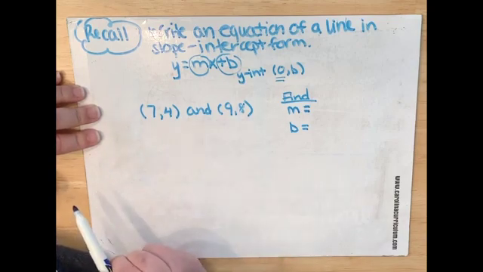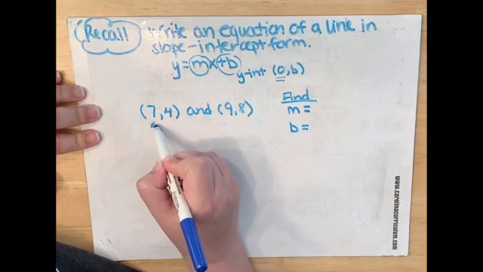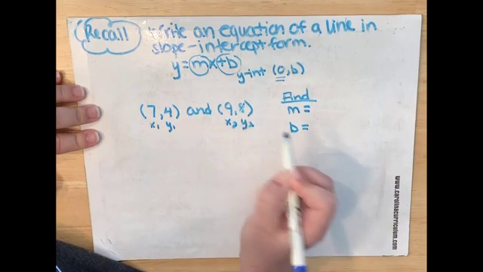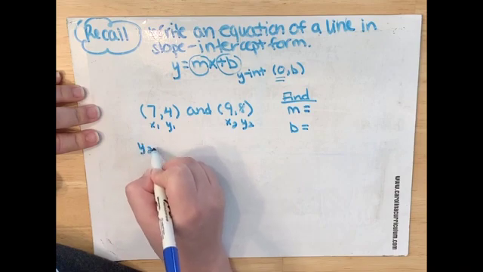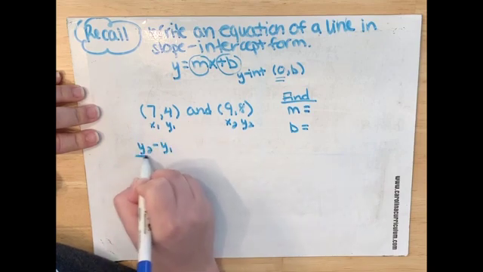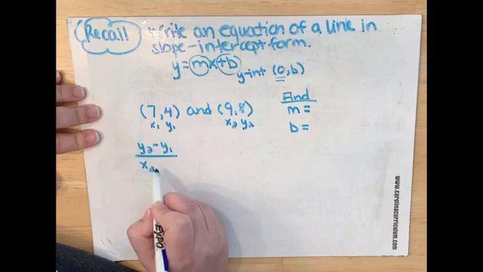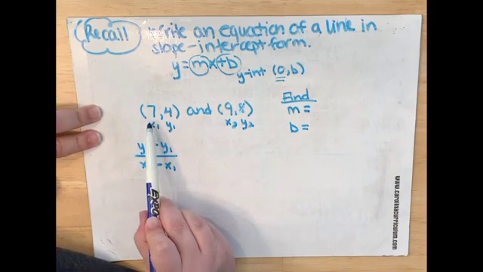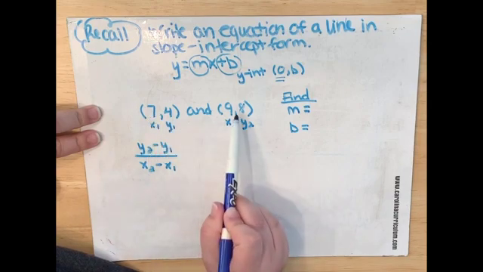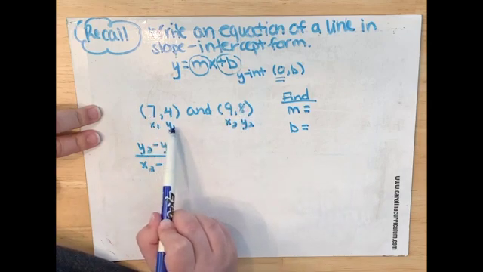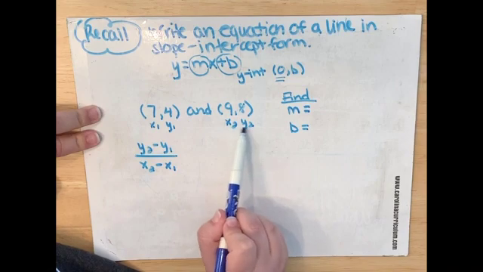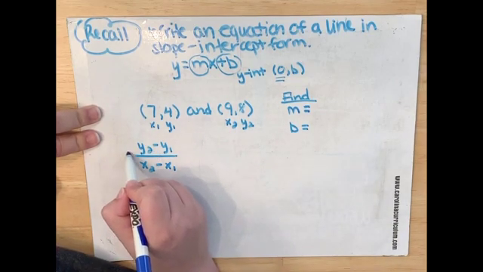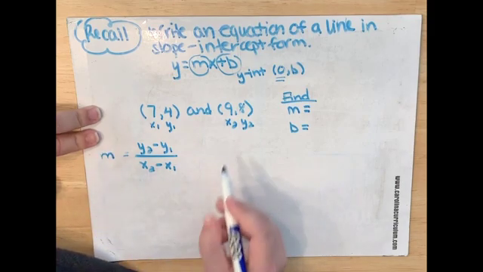But I can find the slope using the slope formula. If you recall, the slope formula is y2 minus y1 over x2 minus x1. And I went ahead and labeled my points x1, y1, x2, y2. Remember, the 1's just mean they came from the first point, and the 2's just mean that they came from the second. I'm going to plug them in my formula, and this will help me find m.